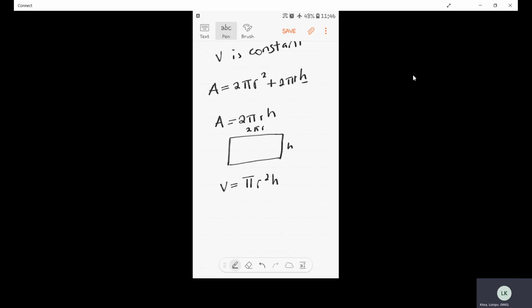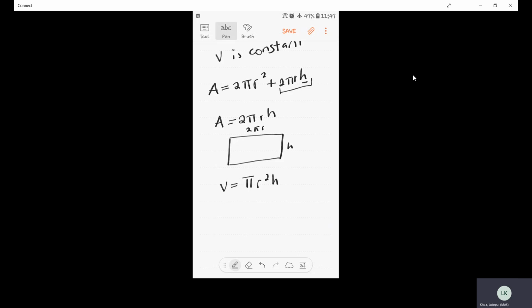Now what I will do is I will make h the subject of the formula here, and then substitute it into this equation there, because the volume is constant. It's a fixed value. Here we're not told what the volume is actually, but it is fixed, so you can take it as a number, unlike h over here, which you may look at as a variable.